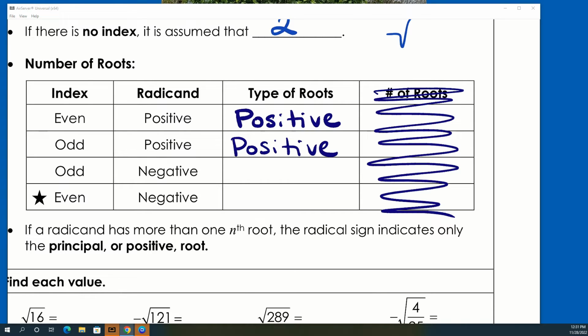If I take the odd root, like the cube root of a negative, that's going to give us a negative answer. What about the even root of a negative, like the square root of negative 9? Do y'all remember what that is? It's going to be imaginary. Now that is not going to come up today, but I just want to review that.